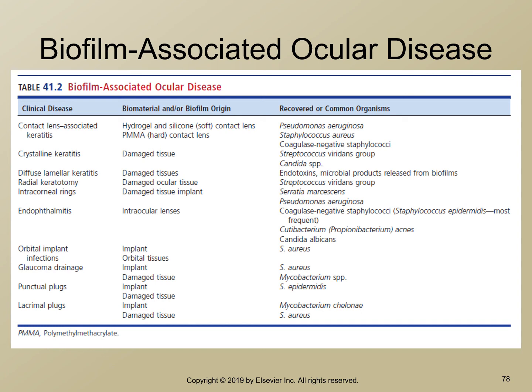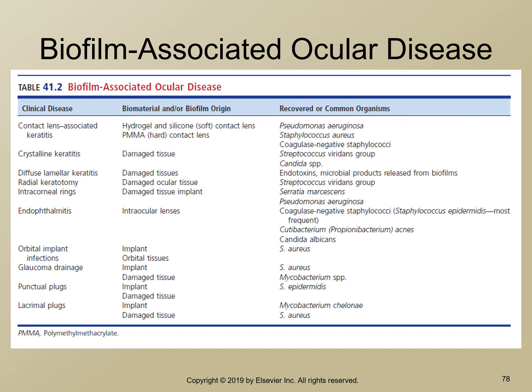Table 41-2 in your textbook summarizes the ocular diseases associated with biofilm formation. So they list the clinical diseases, the biomaterial or biofilm origin, and the recovered or common organisms seen. There are several different clinical diseases, but ones that we would focus on are the contact lens associated keratitis or endophthalmitis. With contact lens-associated keratitis, the recovered organisms are typically Pseudomonas aeruginosa, Staphylococcus aureus, and coagulase-negative staph.